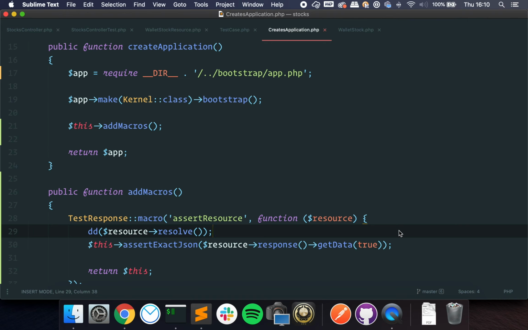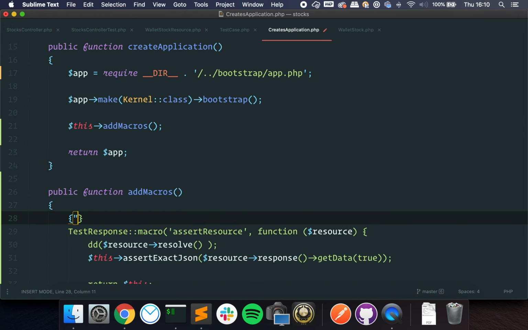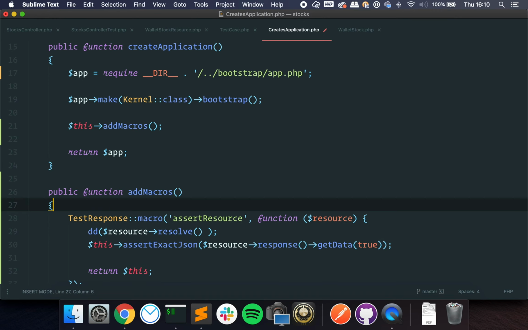But when we return responses using resources, Laravel wraps them in a key. The default key is data, so your response looks like data something, and then your data. And this array does not have it.